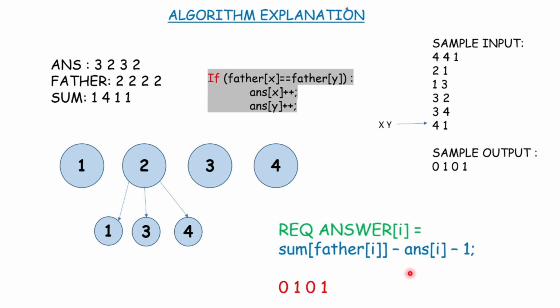So 4 minus answer of i, which is 3, that is 4 minus 3, which is 1. Minus 1, this minus 1 is because initially we declared that every node is a parent of itself, so we have to get rid of that condition too. Therefore we do minus 1. Therefore this comes to 0. You can validate every value if you want to.